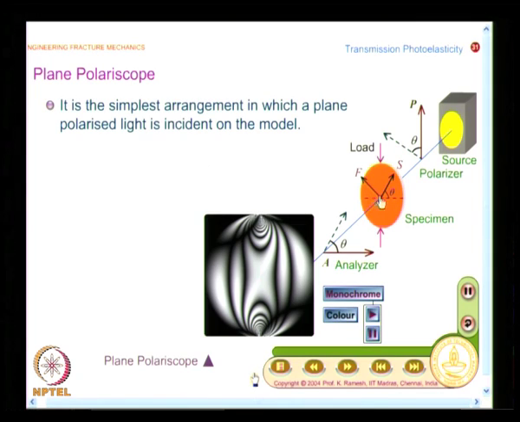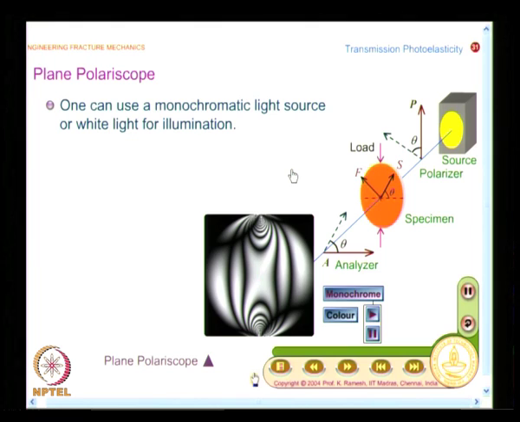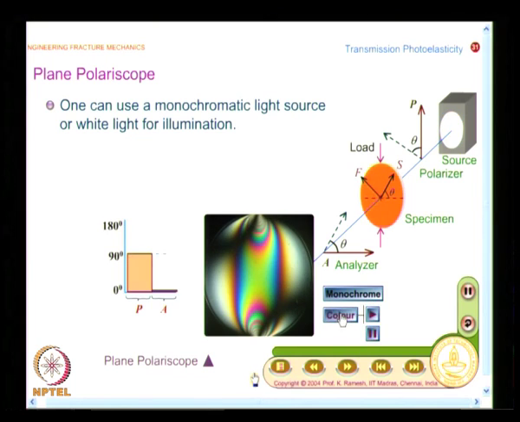One can use a monochromatic light source or white light for illumination. So instead of a monochrome light source, I can also put a white light source, which is nothing but a source of multiple wavelengths.